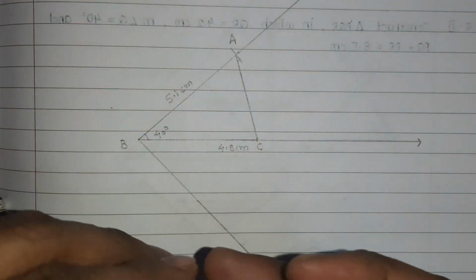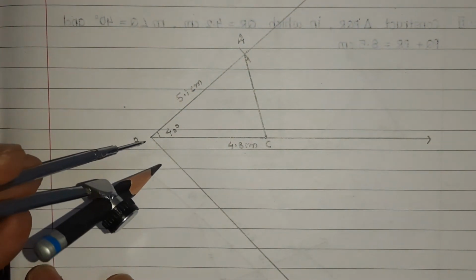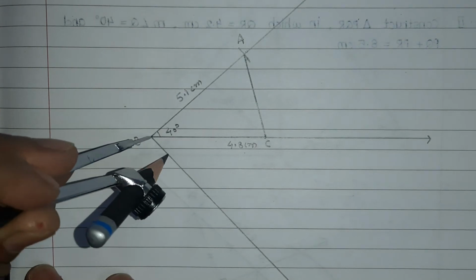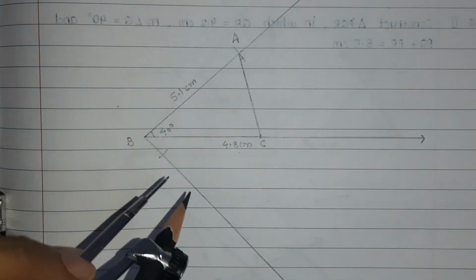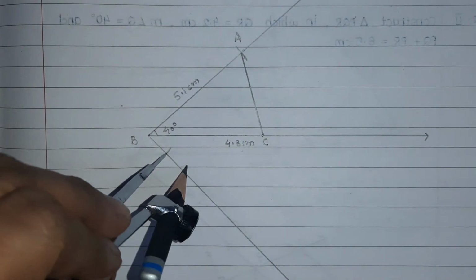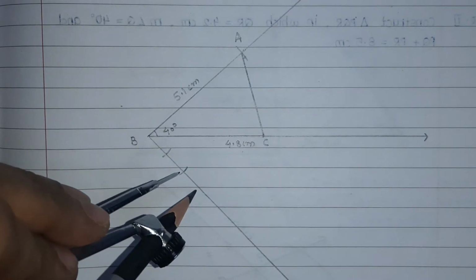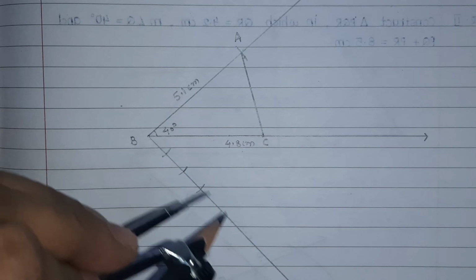Now see, take a sufficient distance, put the metal point on B and draw the intersecting arc like this. Keep the same distance, put the metal point on an arc, draw the another arc. Like this we have to draw the 7 arcs.